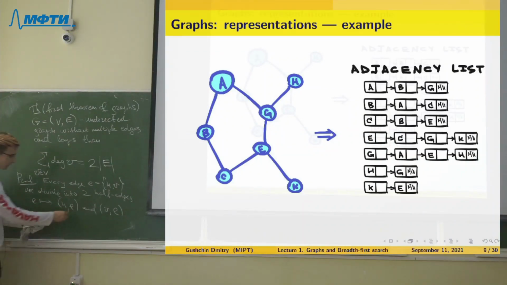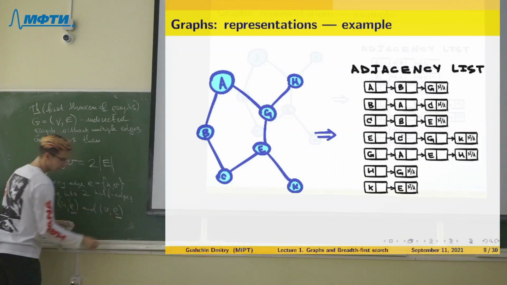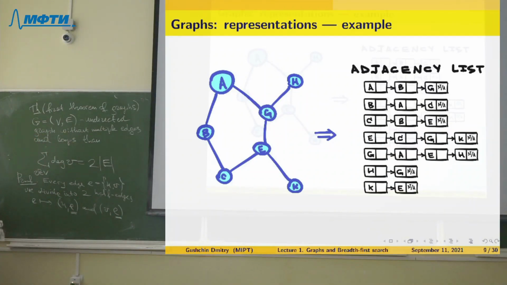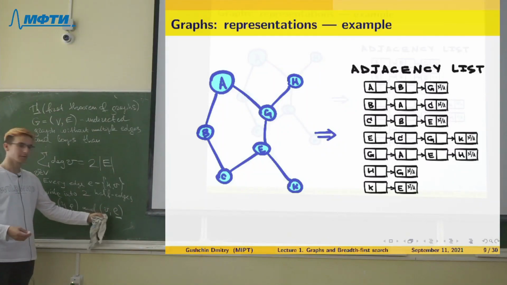We remember which edge we divide, and it is one endpoint, it is the other endpoint. Okay?